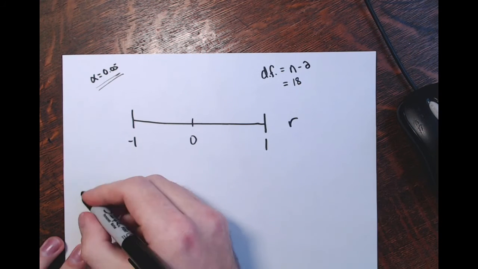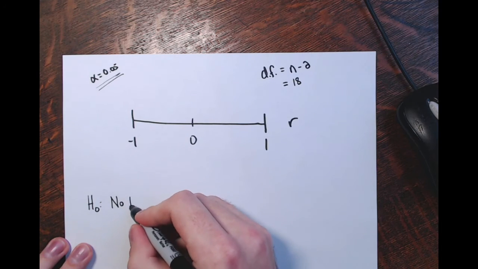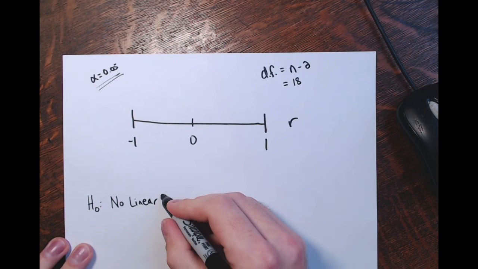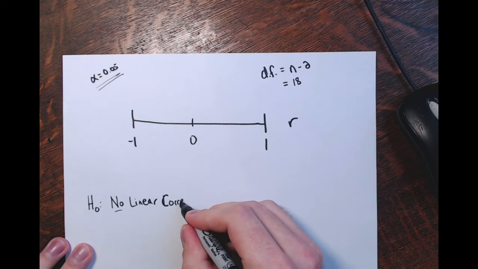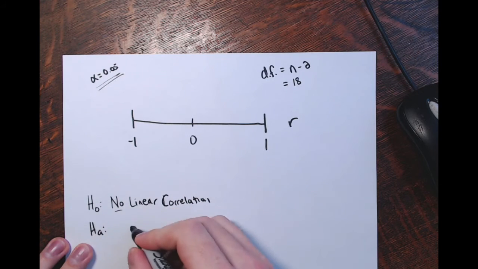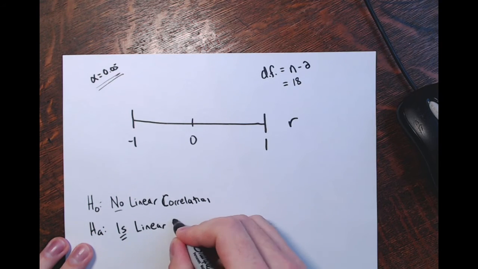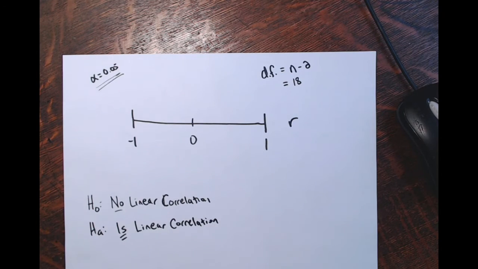The null hypothesis will be that there is no linear relationship, basically r equals 0, no linear correlation between x and y. And the alternative hypothesis is that there is a linear relationship or a linear correlation, that r is not 0.